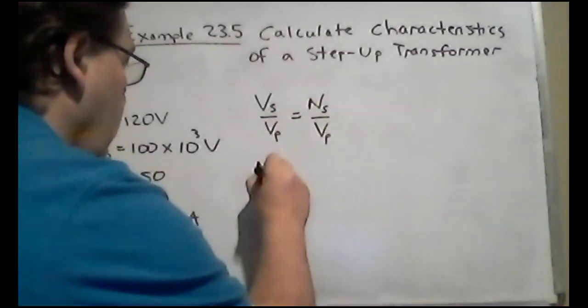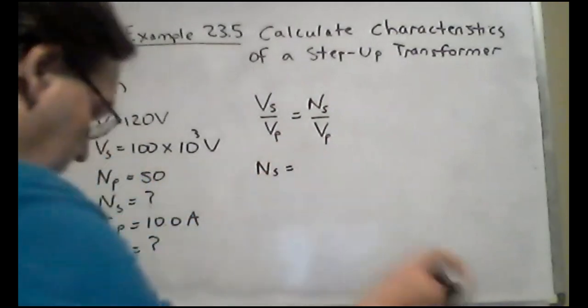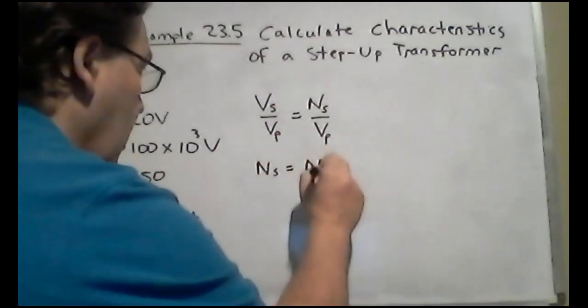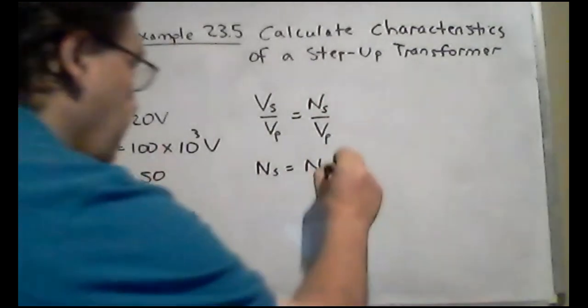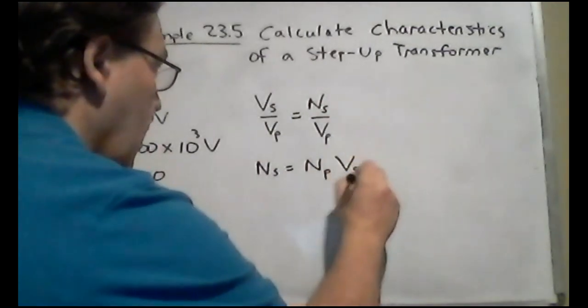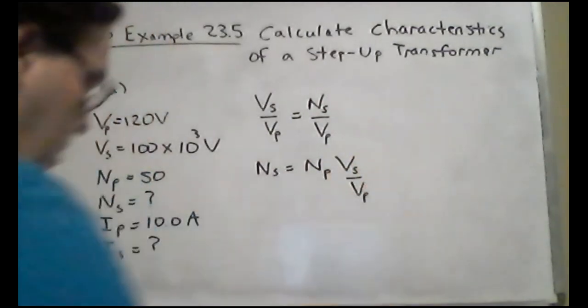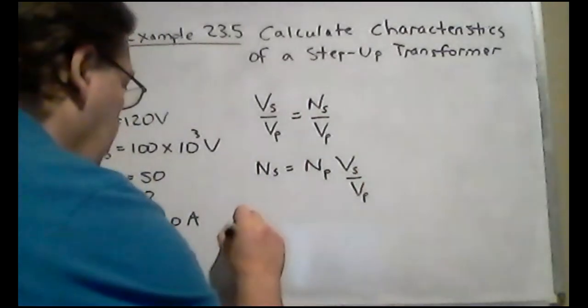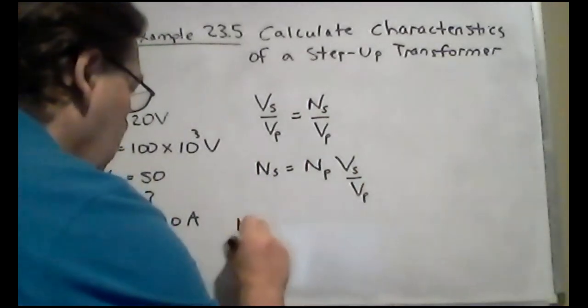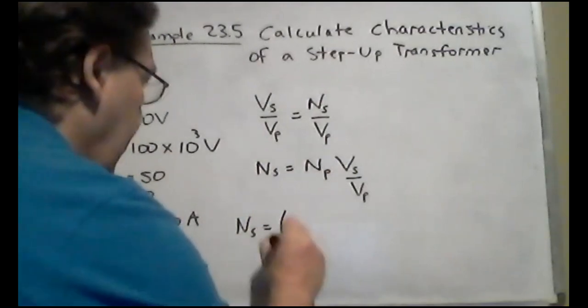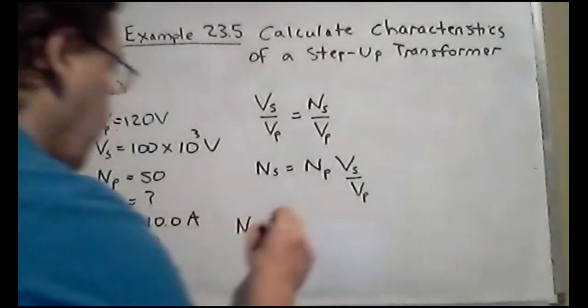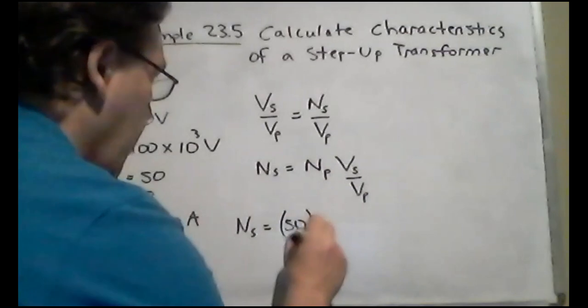So we can solve this quickly as N sub S is simply N sub P times V sub S over V sub P. And then we can just literally put the numbers in. So N sub S then becomes N sub P, which is 50, at the primary.